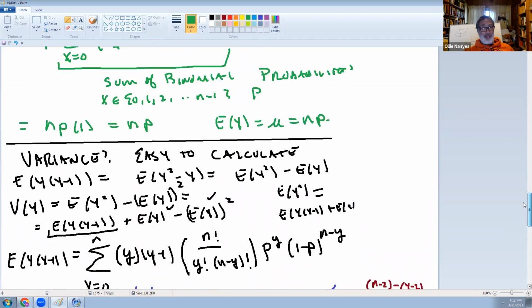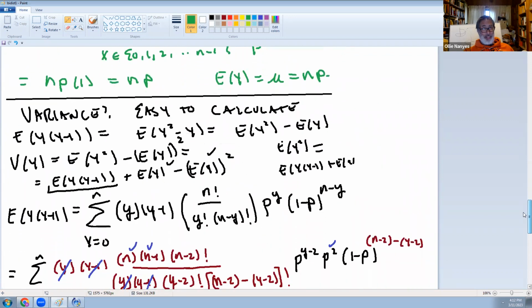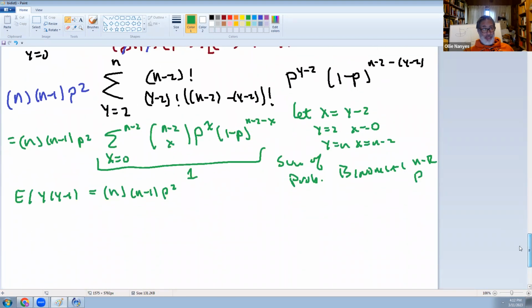So I'm not going to use this formula up here for the variance. But variance is going to be expectation of y times y minus 1. Then I forget so easily.